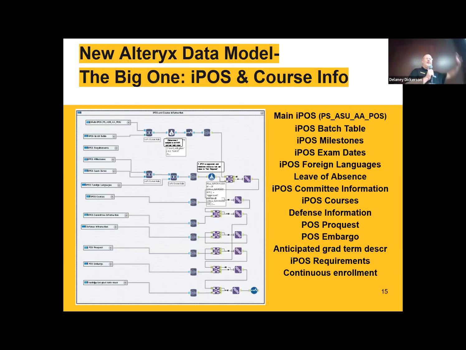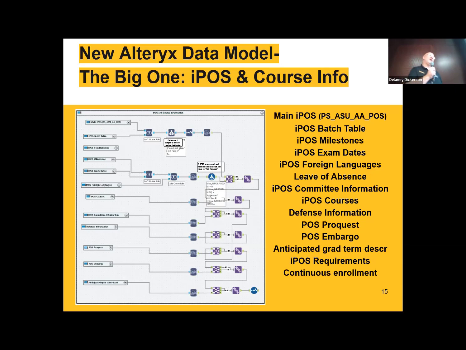So again, if we break down the big container, we've got one large container that itself has subcontainers, for lack of a better term. I think there are 13 or 14 there that are listed. And this is coming out of our iPods, which is our customized version of PAWS for those of you that specialize in undergraduate work.